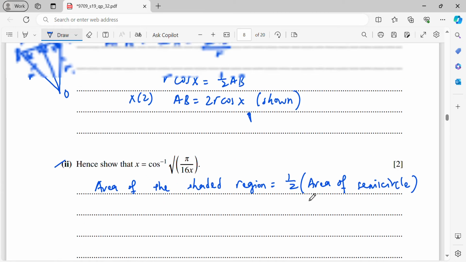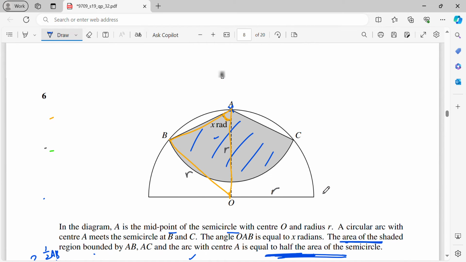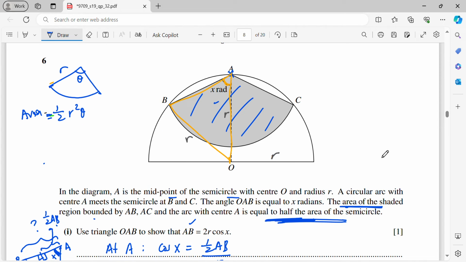Okay, so to get the area of the shaded region, we know that it is half r squared theta. Let's say this is the angle, this is the sector, this is the theta, this is r. So half r squared theta, that is the area of the sector. And now from here, we have found the AB.